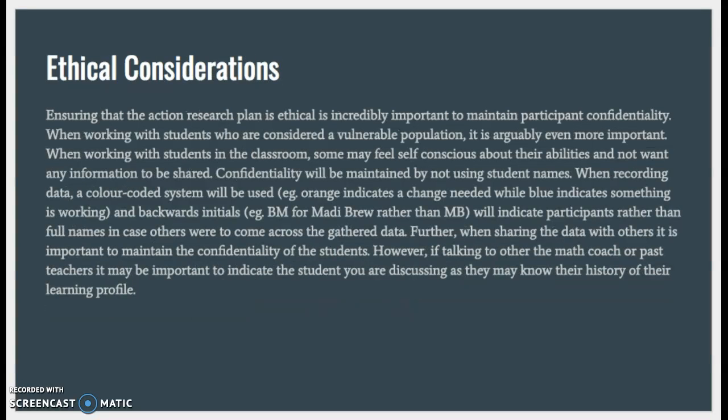Ethical considerations. Ensuring the action research plan is ethical is incredibly important to maintain participant confidentiality. When working with students who are considered a vulnerable population, it is arguably even more important. When working with students in the class, some may feel self-conscious about their abilities and not want any information to be shared. So again, I had mentioned previously a color-coded system.